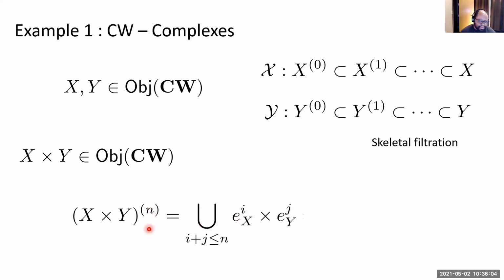So the n-skeleton is the union of all these products over cells whose dimensions add up to something less than or equal to n. Another way to write this is that the n-skeleton of the topological product is the union of the products of the i- and j-skeletons for i plus j equal to n. So this is what happens in CW complexes, and hopefully this is a reasonable filtration to you.